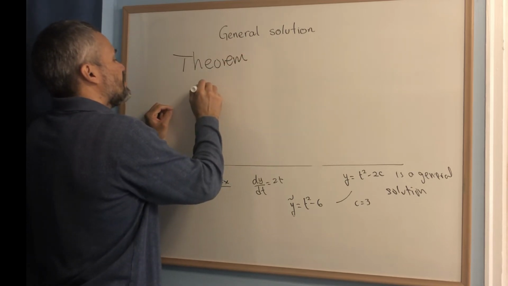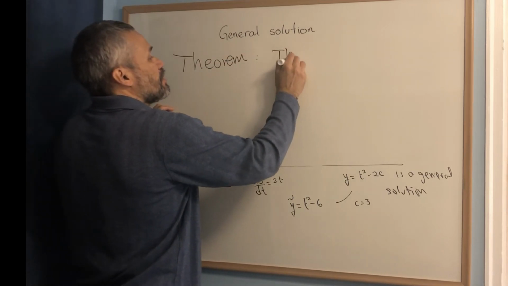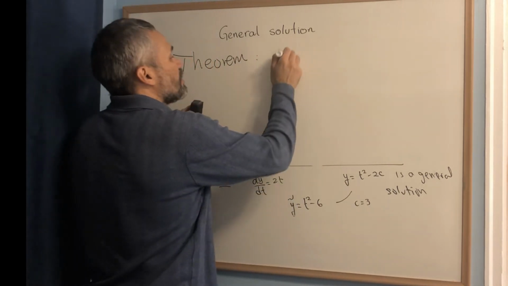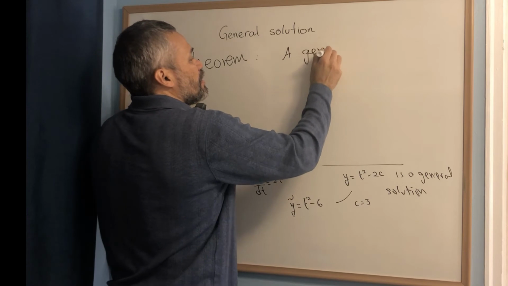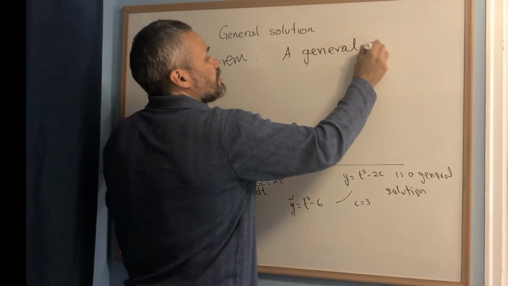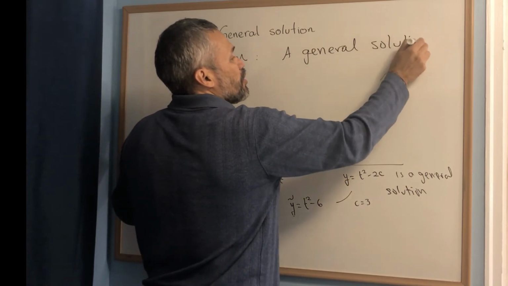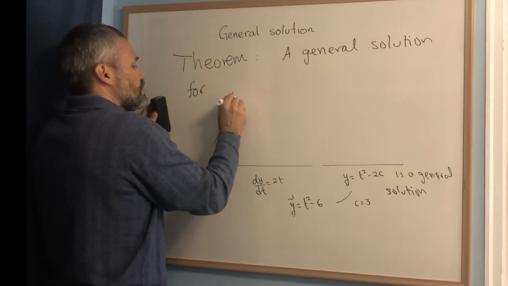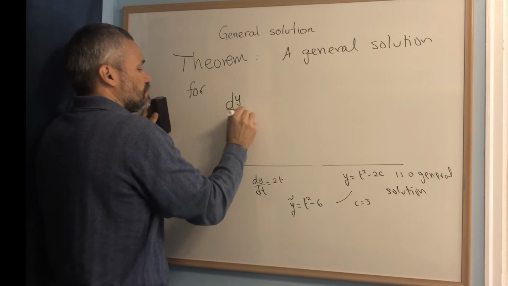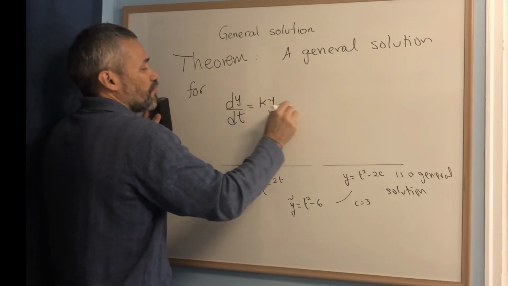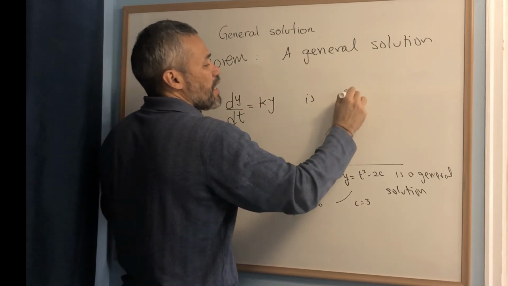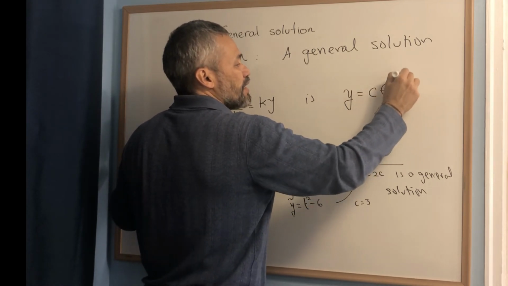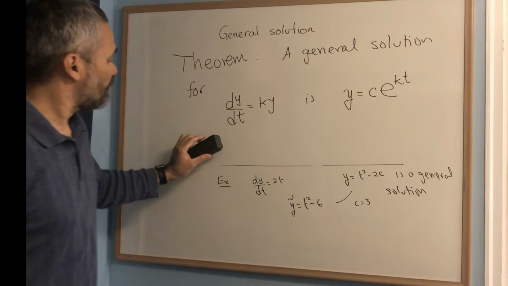It says that the general solution, or maybe I should say a general solution for this differential equation is y equal to c e to the kt.